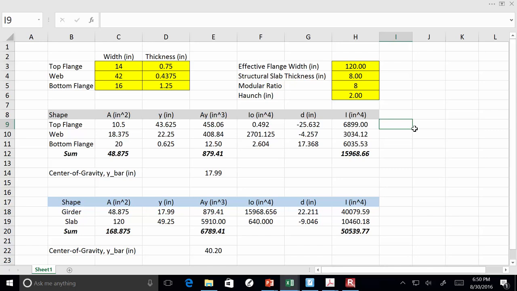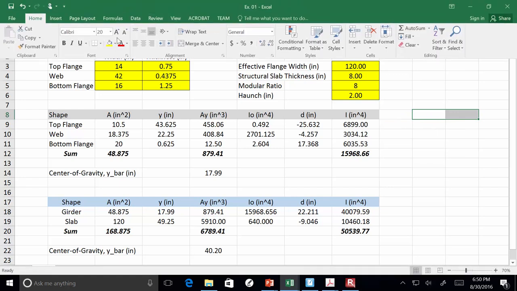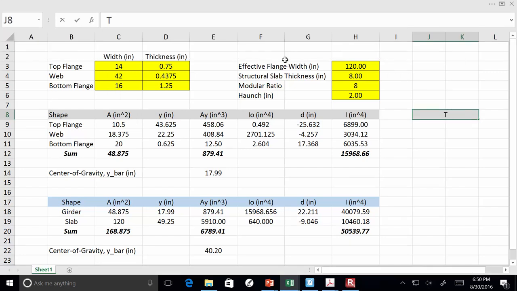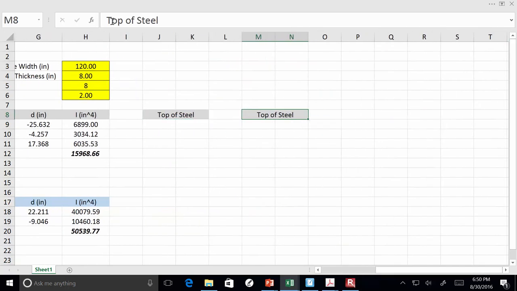Over here on the side, I'm going to calculate two section properties. I'm going to call this top of steel. Can y'all still read that? Okay. And then one over here on the side, we'll call that bottom of steel.